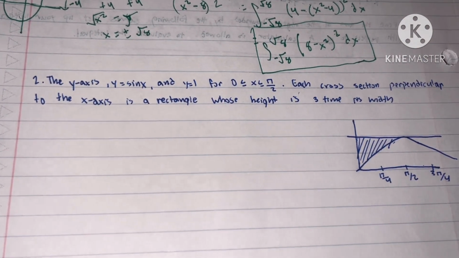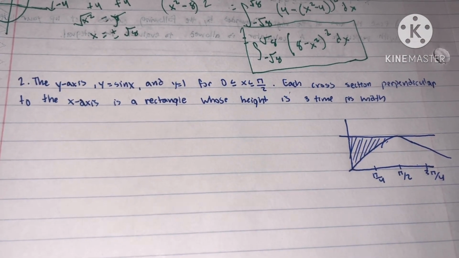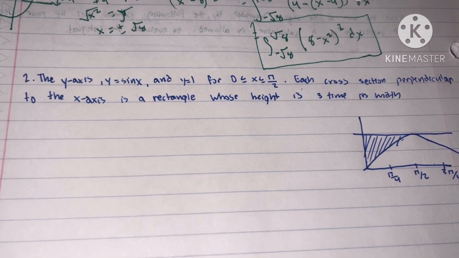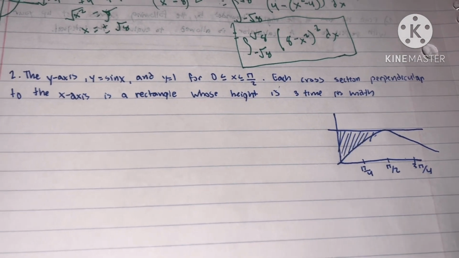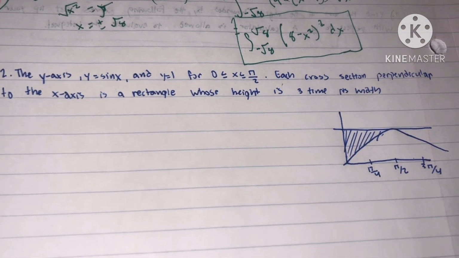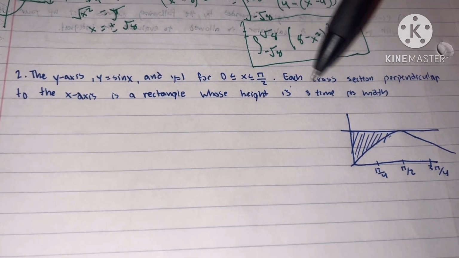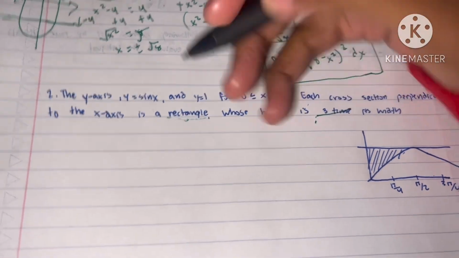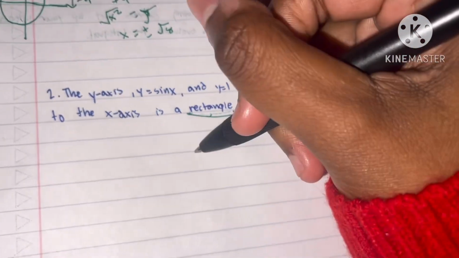Okay, so for the next question, it says y equals sine x and y equals 1 for 0 less than or equal to x less than or equal to pi over 2. Each cross section perpendicular to the x-axis is a rectangle whose height is 3 times the width. Okay, so we know it's a rectangle, so we're going to be using this equation up here.